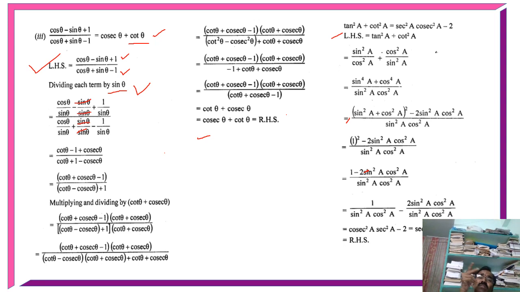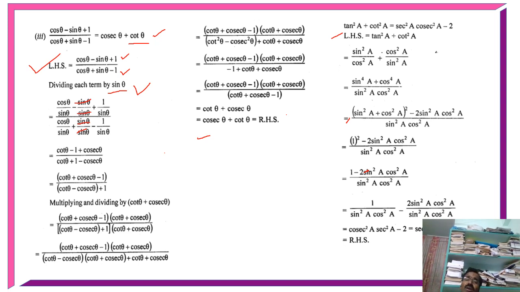We can write sin power 4 a as sin square a whole square, and cos power 4 a as cos square a whole square. So a square plus b square formula is a plus b whole square minus 2ab. From that we can write sin square a plus cos square a whole square minus 2 sin square a cos square a, by sin square a cos square a. From the first identity we know sin square a plus cos square a is 1.